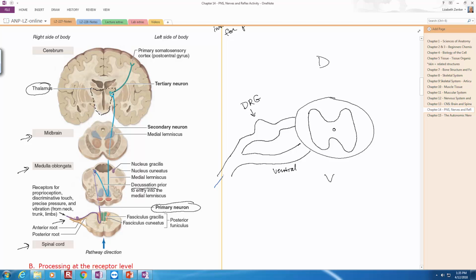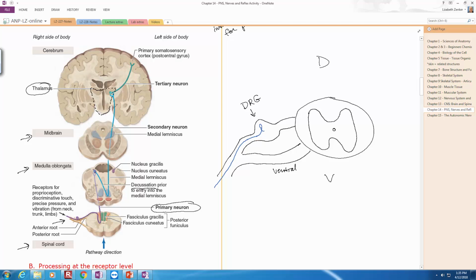So here is my sensory nerve, and his cell body resides where? He's a unipolar neuron, and he resides in the dorsal root ganglion. So there's his little roundy nerve cell, right? His cell body.